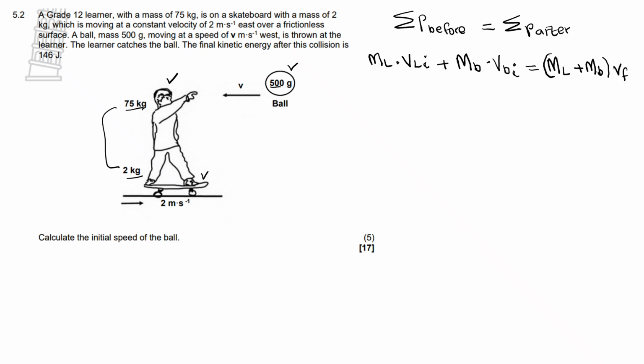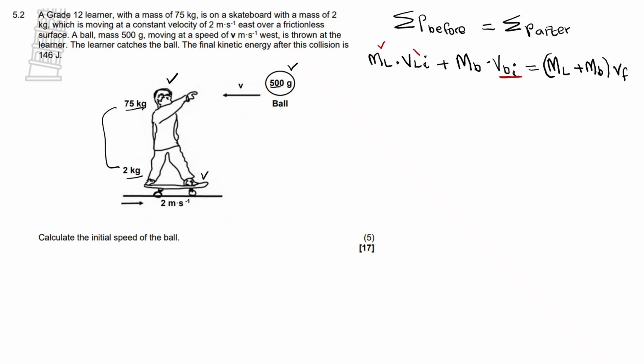What are they looking for? Look at this. They are looking for the initial velocity of the ball. So we are looking for this guy. Right. So now check. Can we get the mass of the learner? Yes. Can we get the V initial, the initial velocity of the learner?